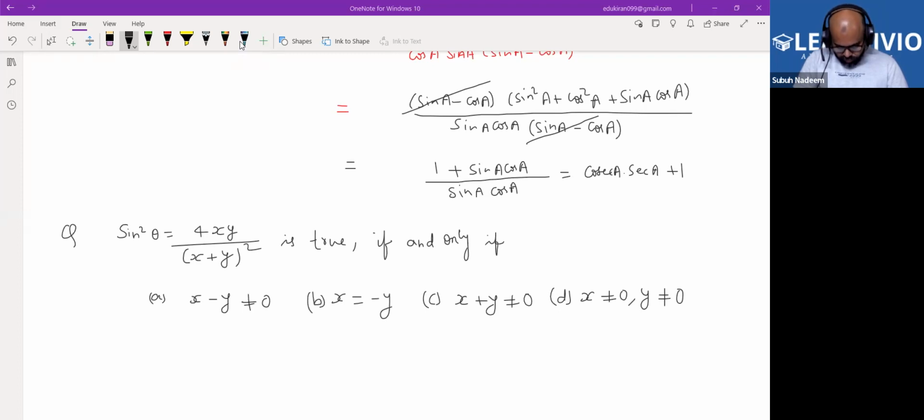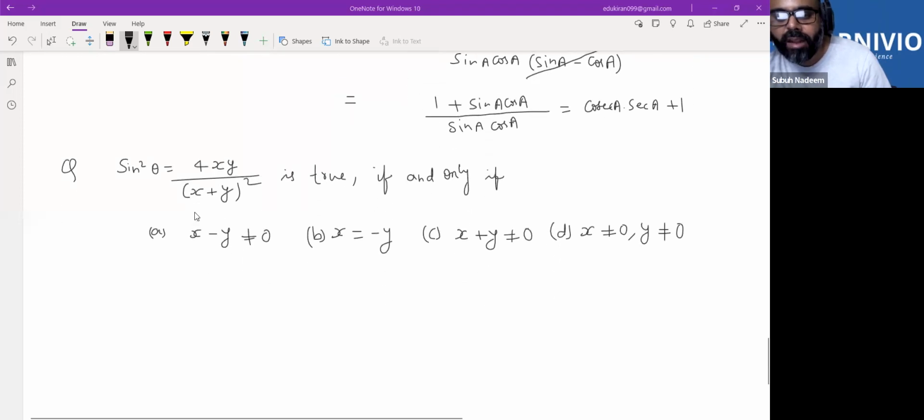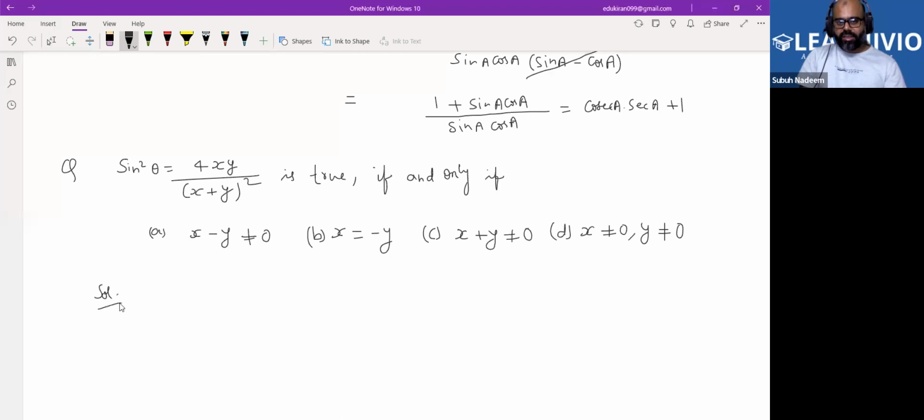Can you give a hint on how to solve this? Yeah, sure. So basically, sine square theta, what is its nature?